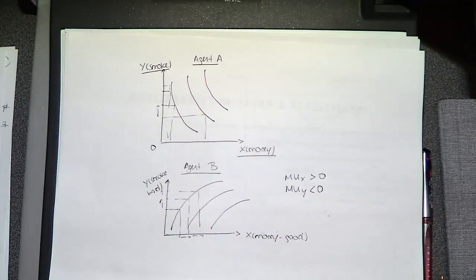For agent A, you increase the consumption of one good and you have to decrease the consumption of the other good to stay at the same level of utility. But for agent B, you stay at the same level of utility while actually increasing the consumption of both goods, because one of the goods is creating disutility. First of all, the consumption of smoke is involuntary.